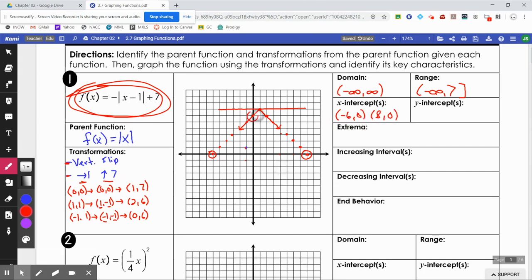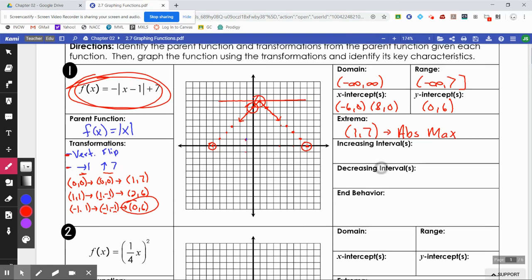Your y-intercept is right here, and we found that was 0, 6. The extrema, your highest point on your graph is here at your vertex, and that is the point 1, 7. We're going to identify it as an absolute max because that's the highest point in your graph.